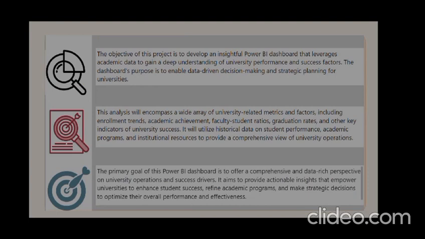The objective of this project is to leverage the academic data to gain a deep understanding of university performance and success analysis. This analysis will encompass a wide area of university-related metrics and factors, including enrollment trends, academic achievements, faculty-student ratio, graduation rates, and other key indicators of university success.